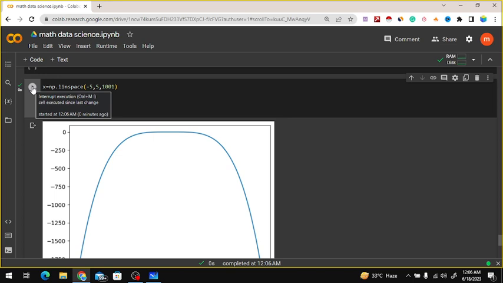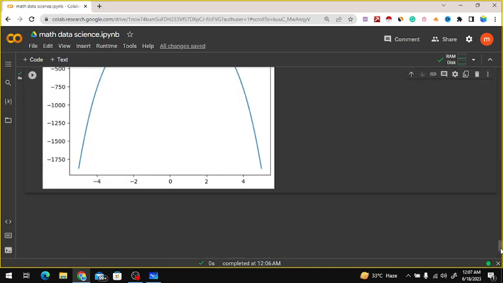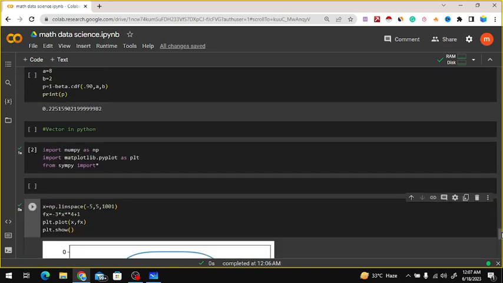It looks like this. So similarly, you can plot a number of these equations in many ways. I hope we can understand these things. So let's go ahead.